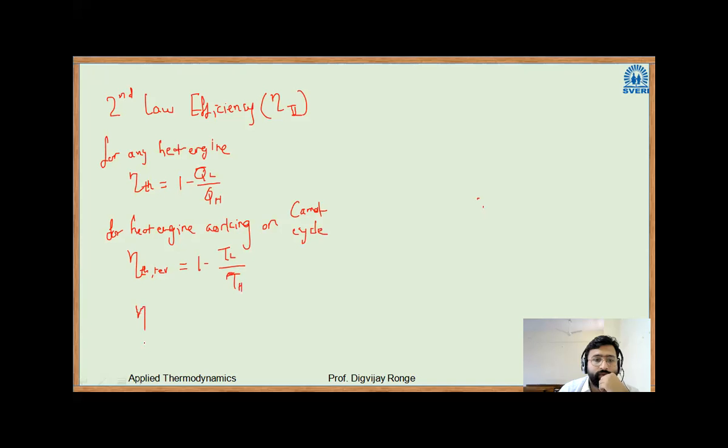And second law efficiency is nothing but the ratio of eta th divided by eta th reversible. That means first you have to calculate the thermal efficiency of the given heat engine under consideration. Then you have to calculate the Carnot efficiency for the same sink and source temperatures. And if you take the ratio of these two, you will get second law efficiency.